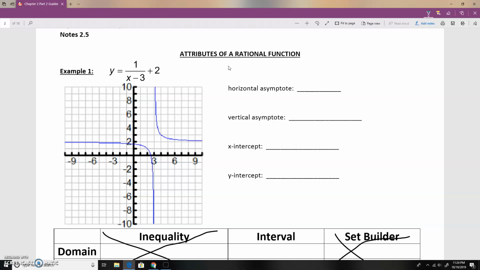In this particular graph, it actually has an asymptote right here at x equals 3 that it actually approaches. It looks like it touches, but it actually never really touches this line. It also has a horizontal asymptote right here at y equals 2.